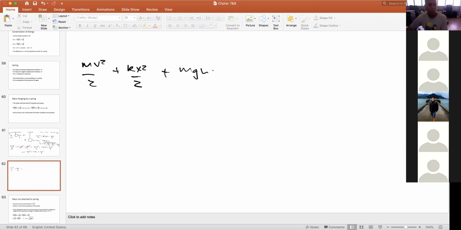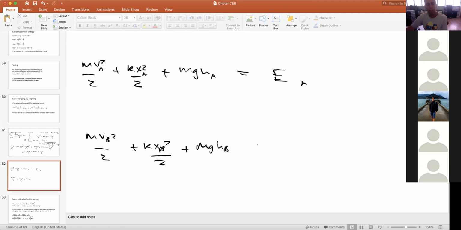This is the energy at some point A. All you have to do is write this down and then find the energy at point B, k x B squared over 2 plus m g h B. Then you can set them equal to each other because everything here is conserved. The potential energy turns into kinetic energy, and the kinetic energy turns back into potential.